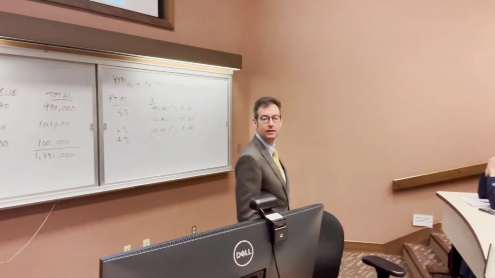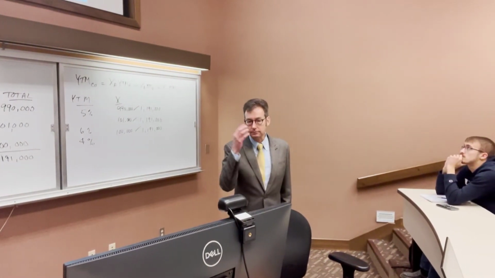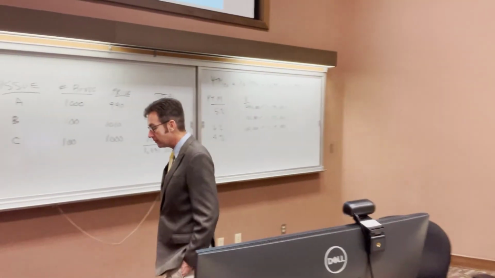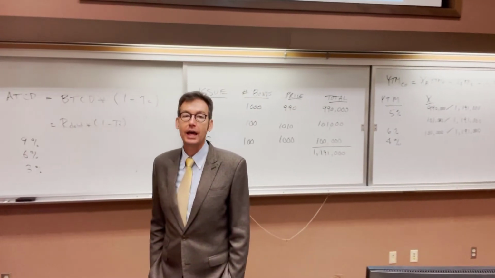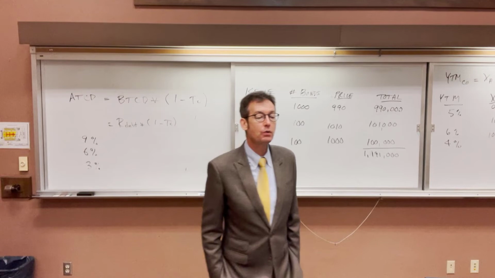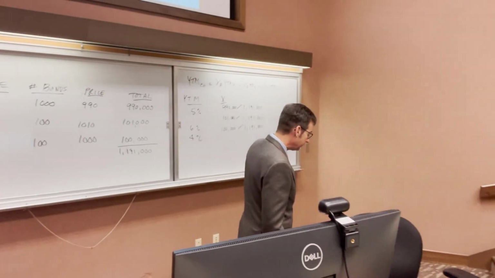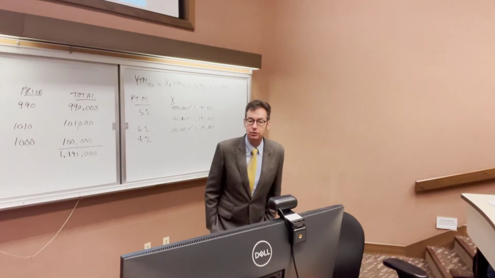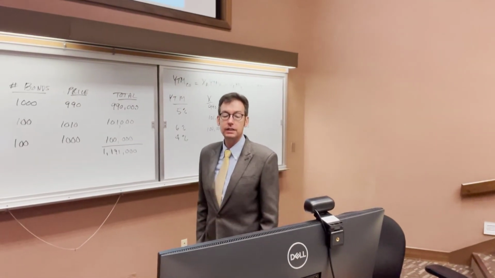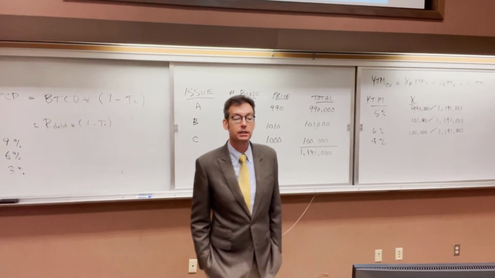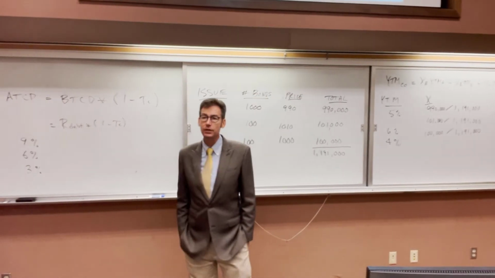Okay, so what's our weighted average flotation cost? Well, the weight of equity is equity divided by the total value of the firm, and we said that it's half and half, right? So both those weights are 0.5. So 0.5 times 15% comes out to 7.5%. And then for the debt, we've got 0.5 times 5%, which is 2.5%. 7.5 plus 2.5 gives us 10.